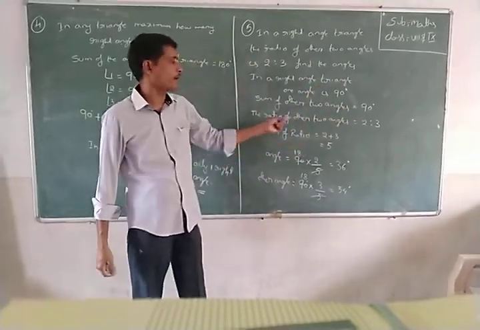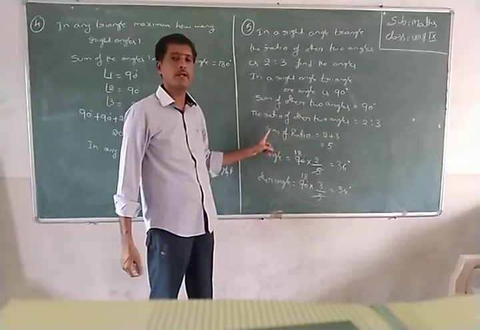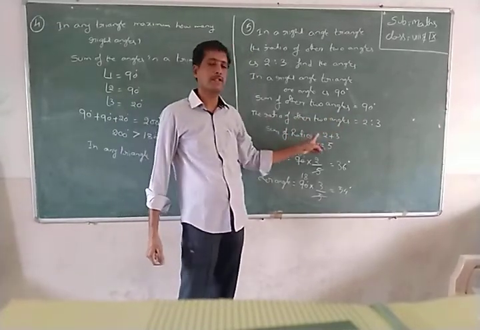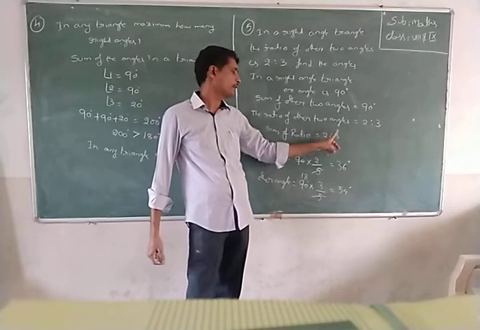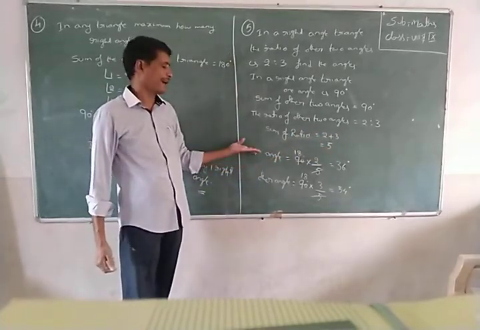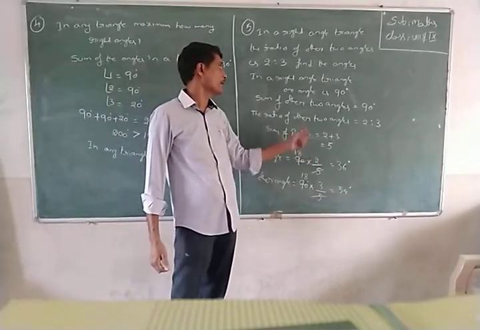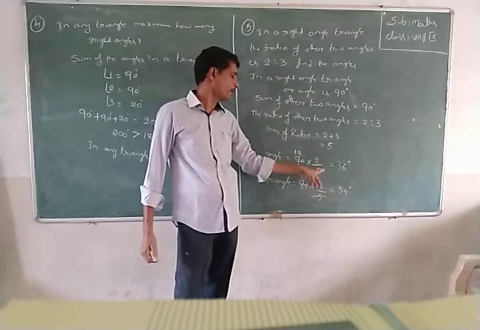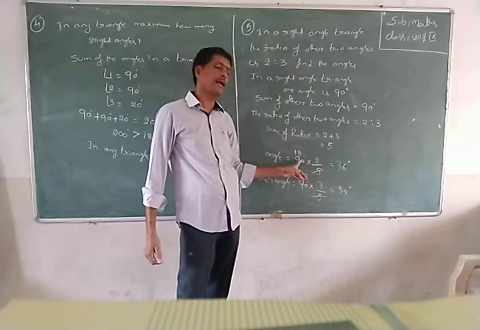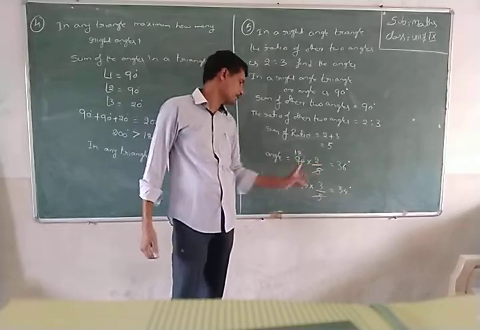Here, the ratio of the other two angles is 2:3. Therefore, the sum of the ratio is 2 plus 3, that is 5. To find the first angle: 90 into 2 by 5. Here 5 and 90 cancel, 18 times, 18 into 2 is 36.